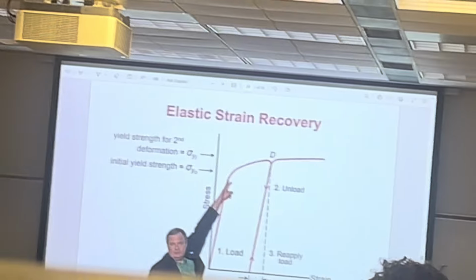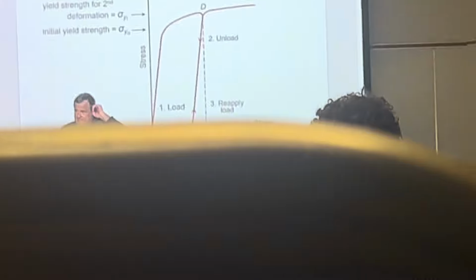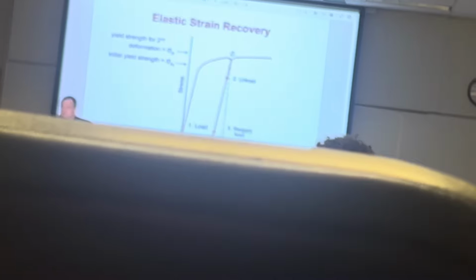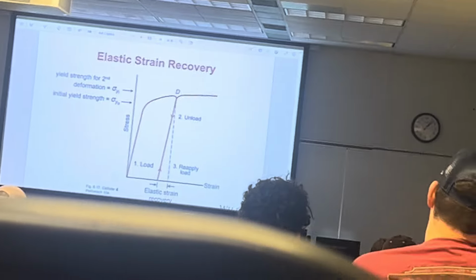The first time we take it to the point D, it yielded here. The second time it goes up to the point D. Is there a difference between this and that? Yes. This means that repeated cyclic plastic deformation hardens the material.